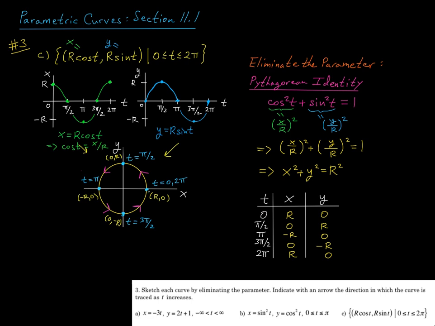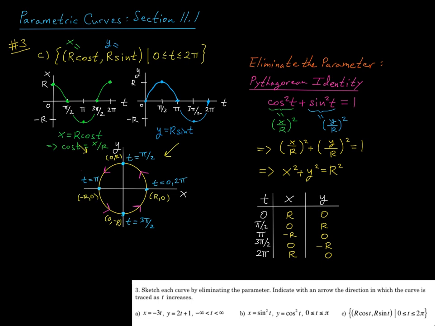So we start right here on the x-axis when t is 0. As t increases from 0 to pi over 2, at pi over 2, x is 0 and y is r. So we've moved to the top of the circle in a counterclockwise fashion. So we're at (0, r) when t is pi over 2. And then we just continue, and we make one complete trip in 2 pi units.